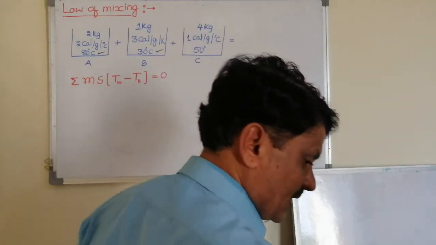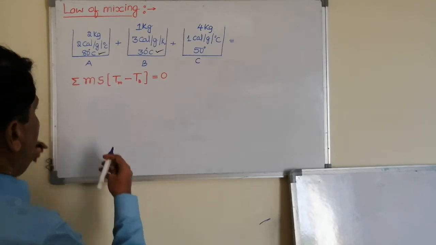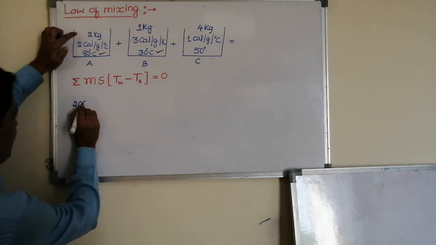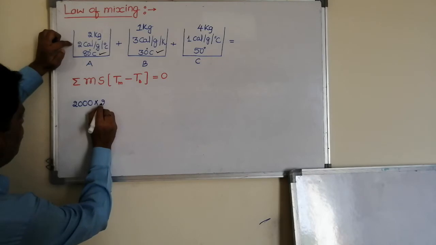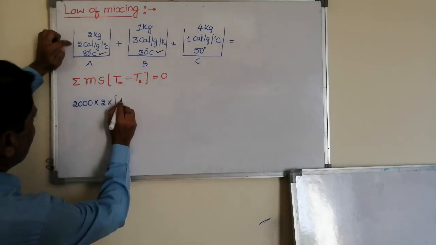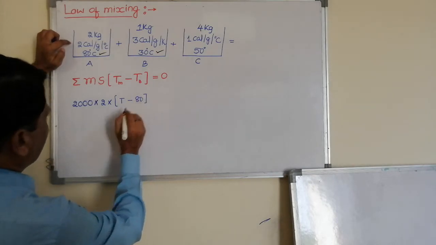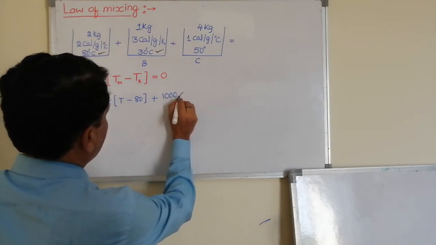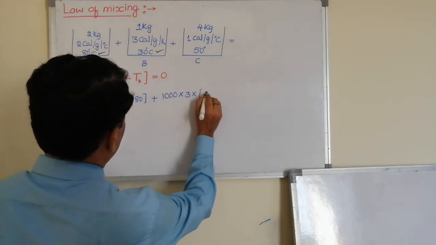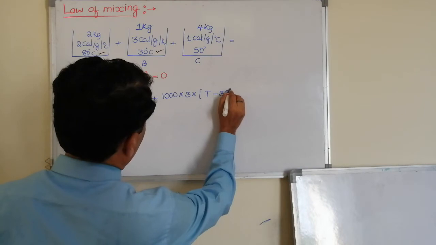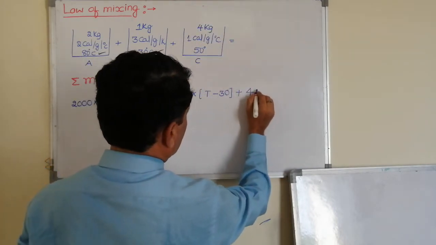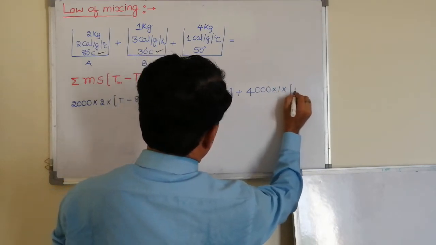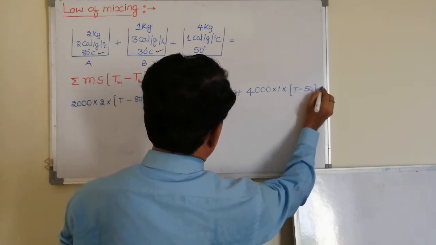Now directly I can say here, first it is 2 kg, mass of the first body is 2 kg, means 2000, specific heat is 2, then temperature of the mixture is T minus 80, plus second 1000 into 3 into T minus 30, plus 4 kg means 4000 into 1 into T minus 50 is equal to 0.